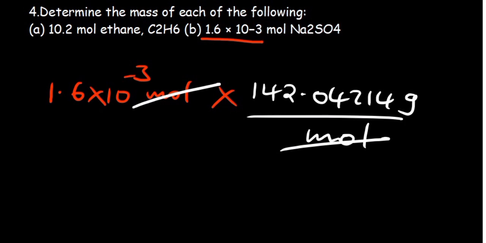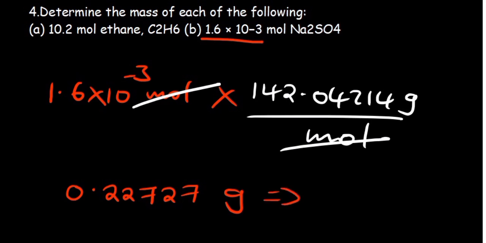The value that I'm getting for the mass is 0.22727 grams. Now we'll round this off to 2 significant figures, giving us a value of 0.23 grams. That is how you answer question 4 there.